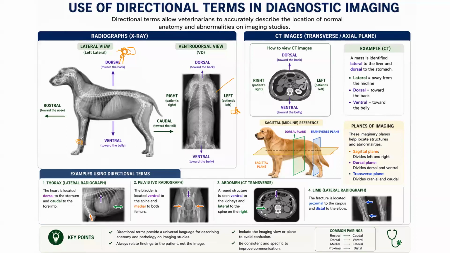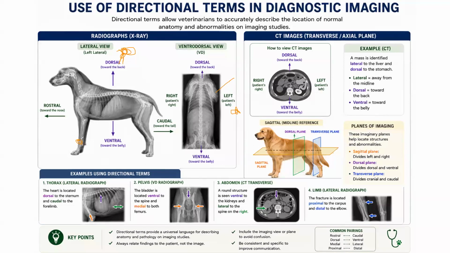So you see, directional terms are important in diagnostic images so that you as a vet can identify where the abnormality is in the body, be it X-ray, be it CT scan, be it MRI. Because most times directional terms are one of the important ways we use ultrasound to detect pregnancies.